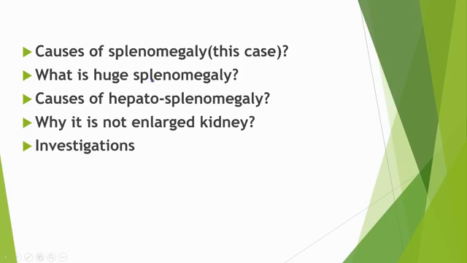CML is a very common cause of huge splenomegaly. CML, CLD, also in malaria, there may be huge splenomegaly. Huge splenomegaly also occurs in thalassemia, the hemolytic and congenital hemolytic anemias.